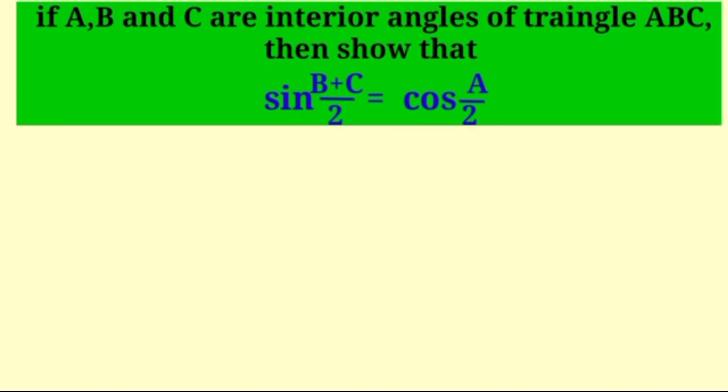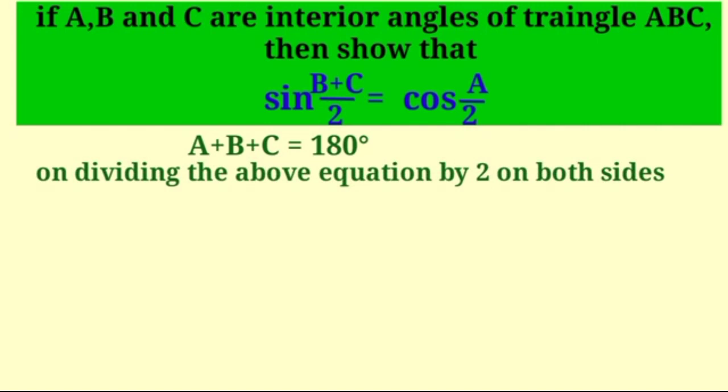Given A, B and C are interior angles of triangle ABC, then A plus B plus C equal to 180 degrees. So, on dividing the above equation by 2 on both sides, then we get A by 2 plus (B plus C) by 2 equal to 180 by 2.